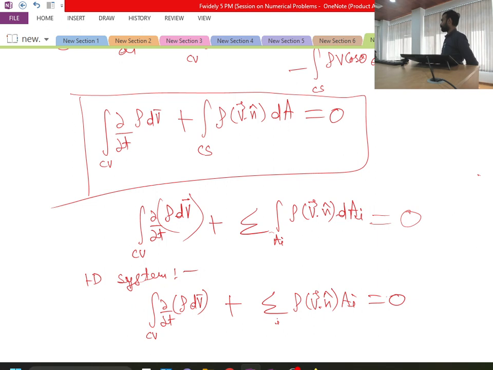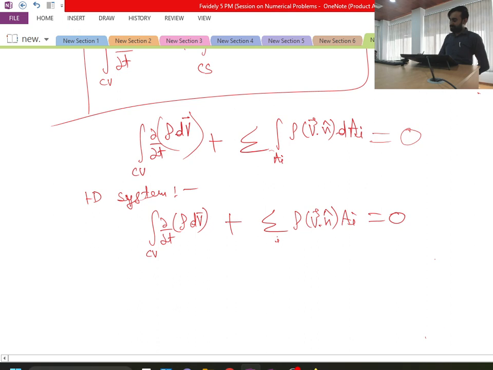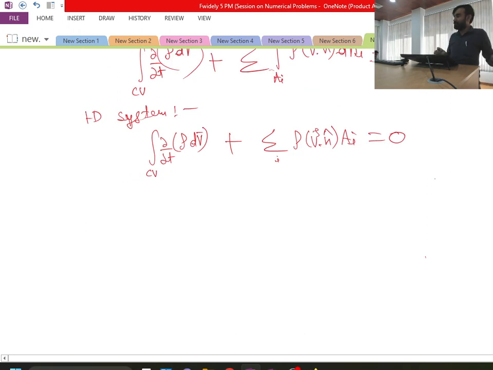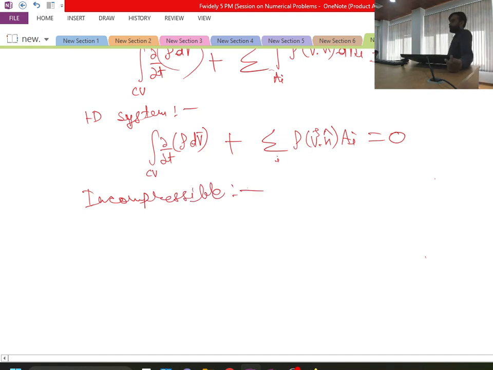Is this point clear? Now let me introduce the next assumption. If the flow is incompressible, what then?